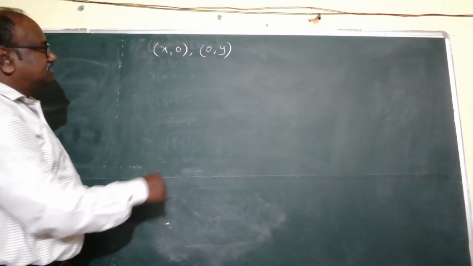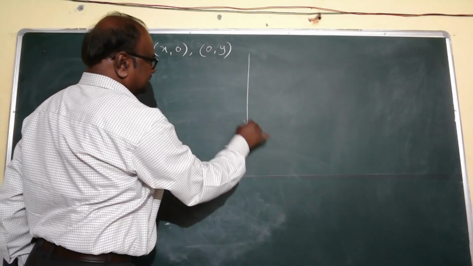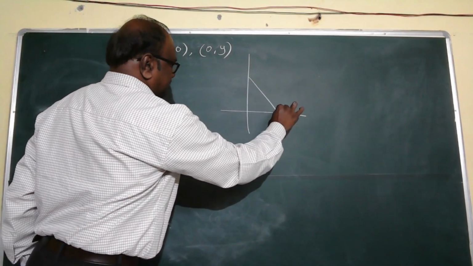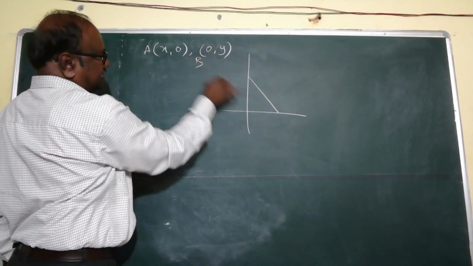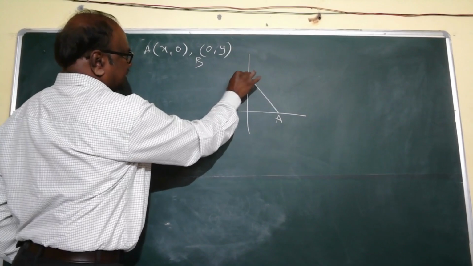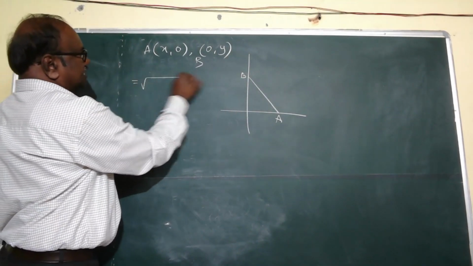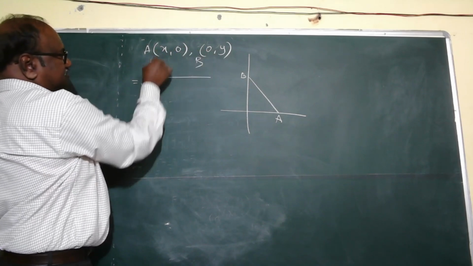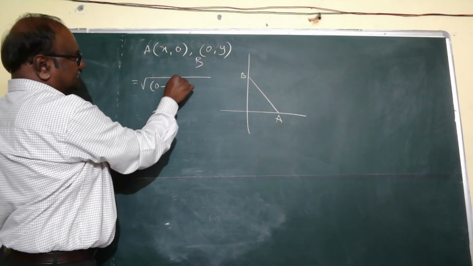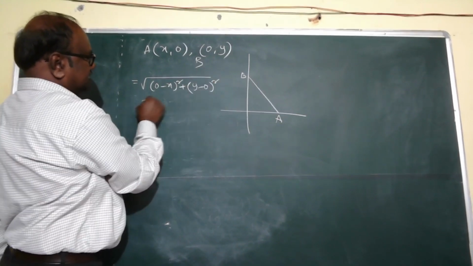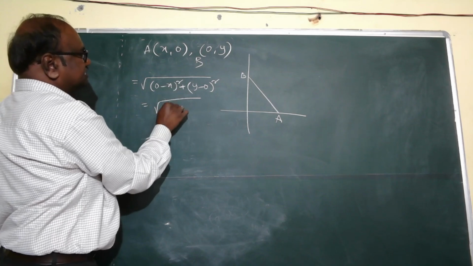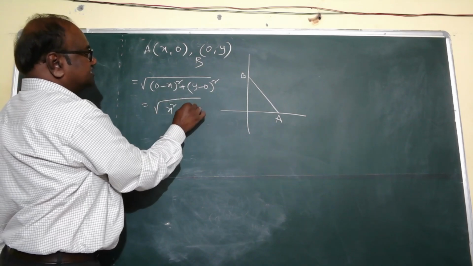Now how to find the distance between these? See here. If the points are A, x, 0 and B, 0, y, how to find AB? Let us see now. Under root formula, x2 minus x1, 0 minus x whole square plus y minus 0 whole square. That is nothing but minus x whole square is x square, plus y minus 0, y square.